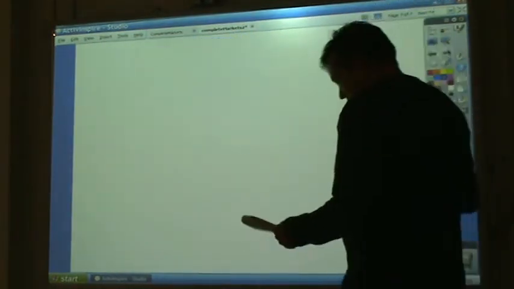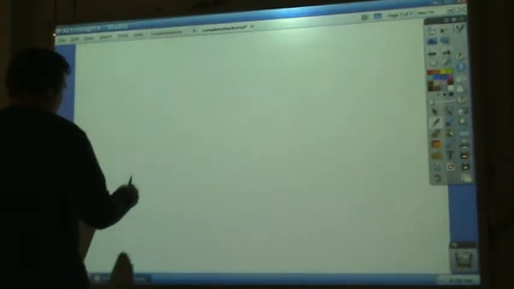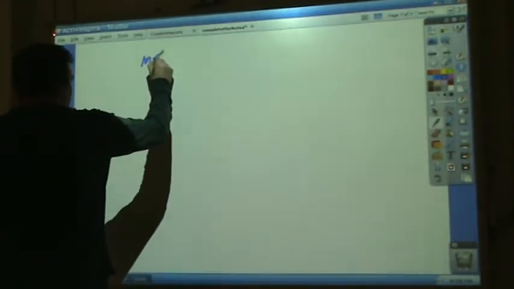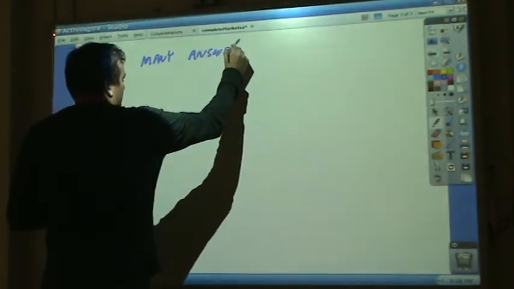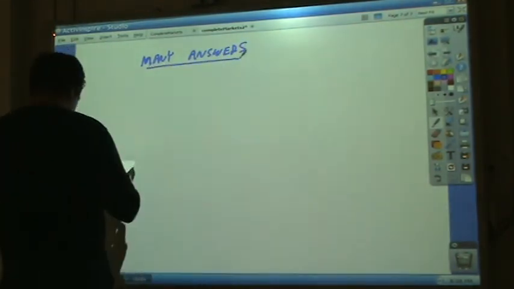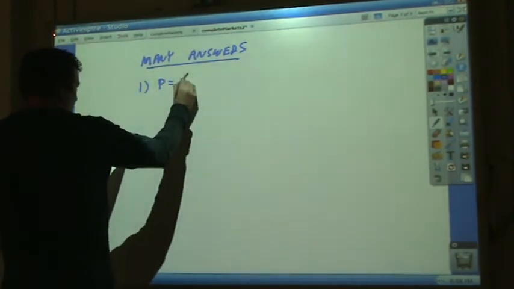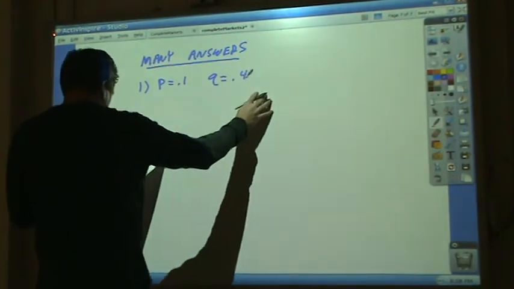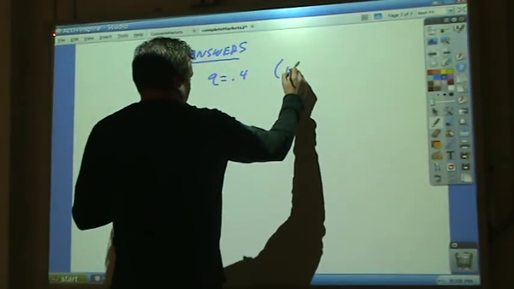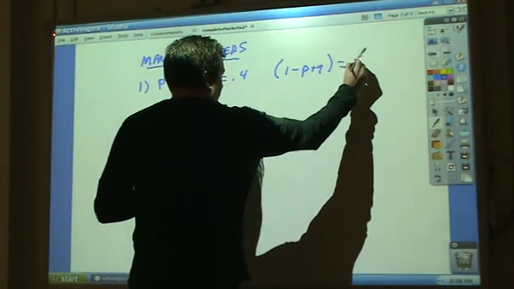So the answer ends up being that we have many answers. Answer 1 could be p equals 0.1, q equals 0.4, and then 1 minus p plus q equals 0.5.